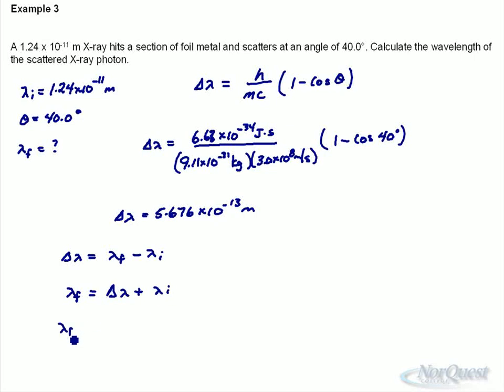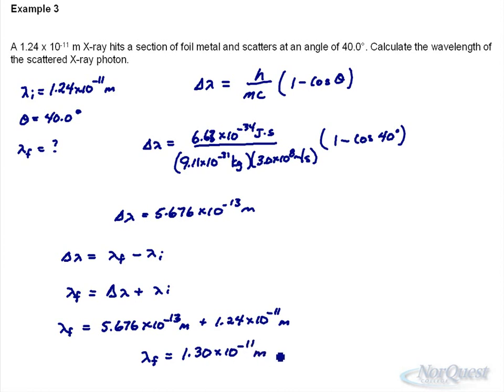If we punch that in, keep your original number on your calculator so you're as accurate as possible, add the initial wavelength, 1.24 times 10 to the negative 11 meters, and your final wavelength equals 1.296, which I guess if we go to 3 sig digs, 1.30 times 10 to the negative 11 meters.